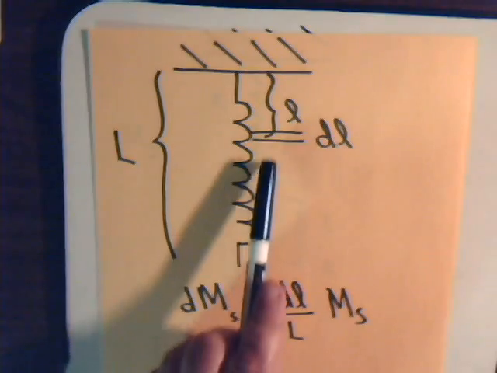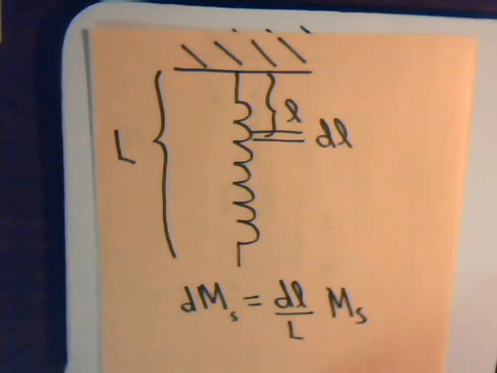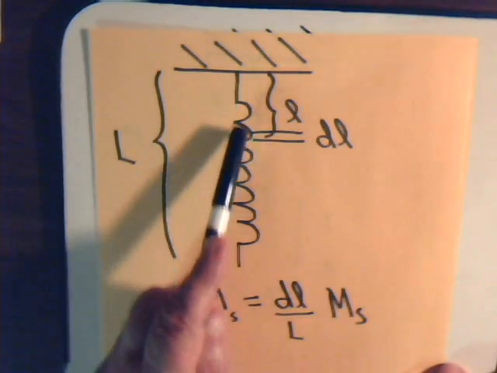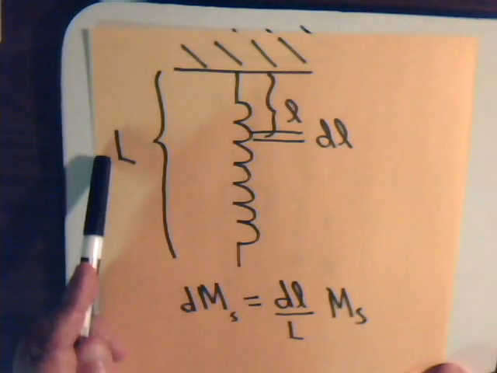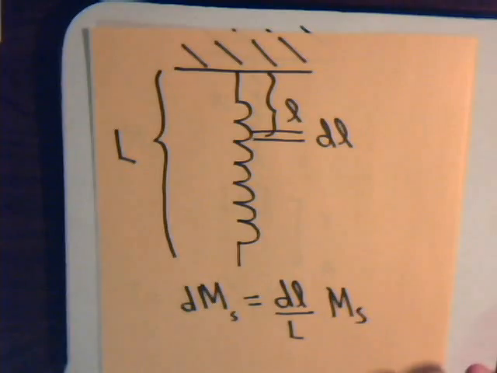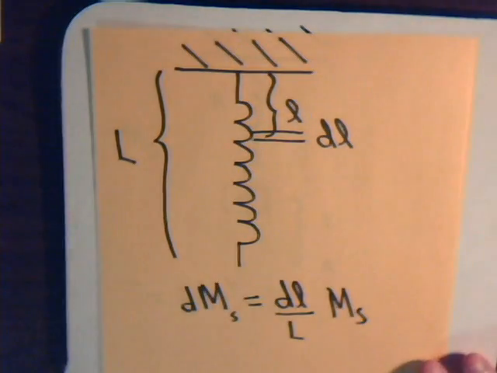The amount of mass that we have, let's say we were here at 1/3 the distance, the amount of mass would be just 1/3 the total mass of the spring. It's the fraction of this distance divided by L times the total mass that is how much mass there is in that part of the spring.